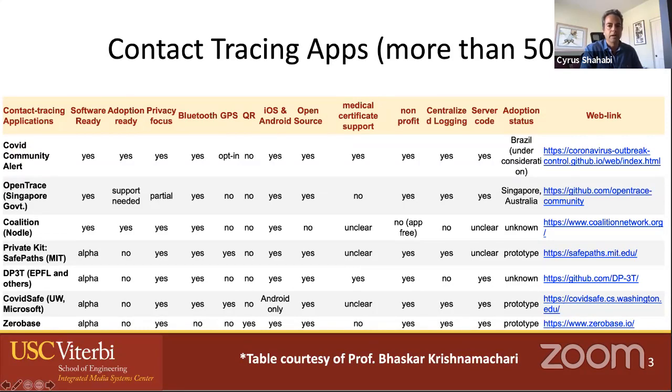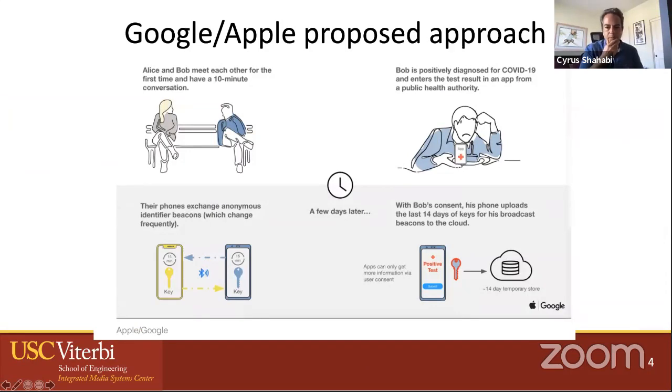The most popular one that you probably heard of is the approach by Google and Apple. Putting it very simply, if you have two people who are close enough to each other to potentially transmit the disease, their phones are also close enough that they can transfer some sort of a unique identifier, let's call it a key, using Bluetooth.